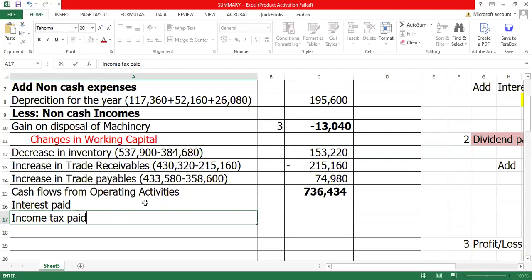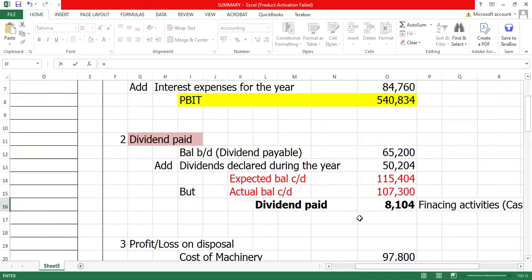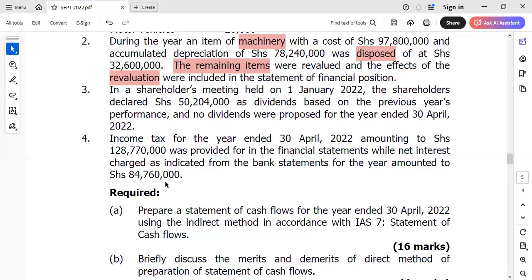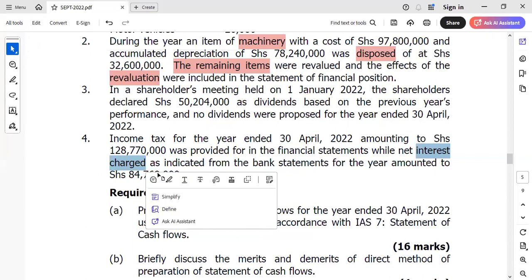What was our interest paid for the year? We saw that from the question. And already we had added it back. Interest paid for the year was this one. You see this, the interest charged.